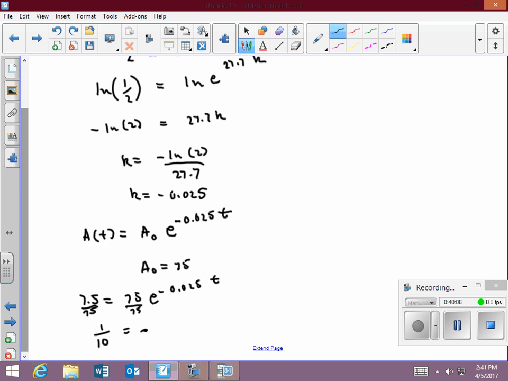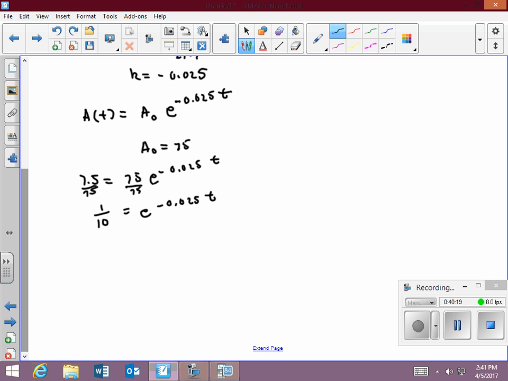Now you could write that as what? 10 to the minus 1. No matter which way you write it, what are you going to do now? ln on both sides, right?